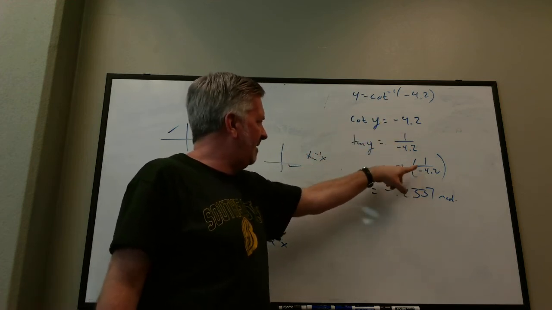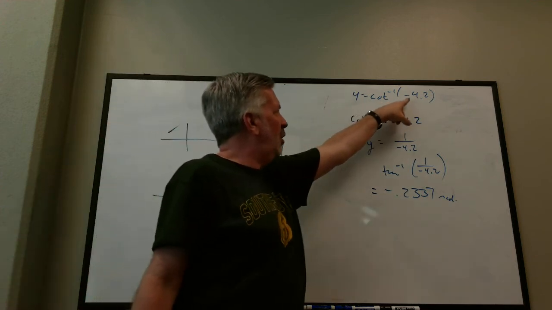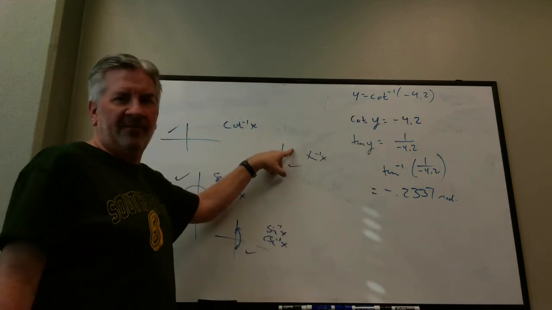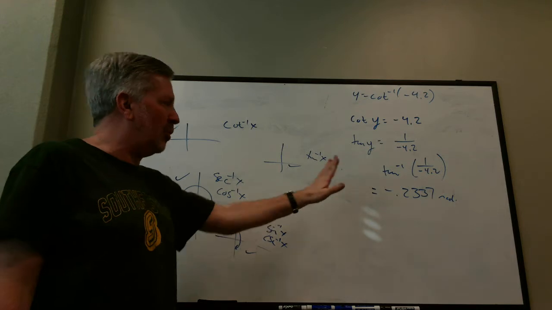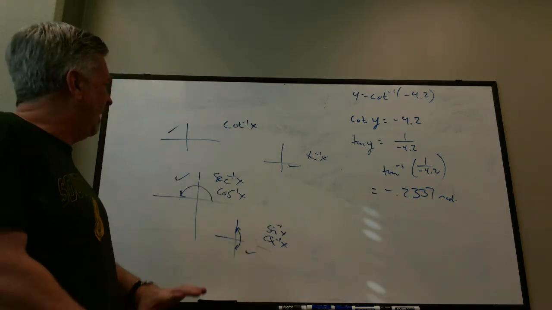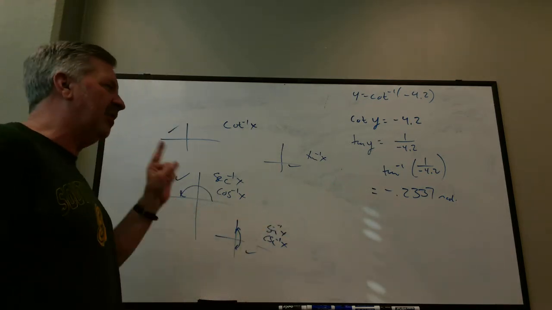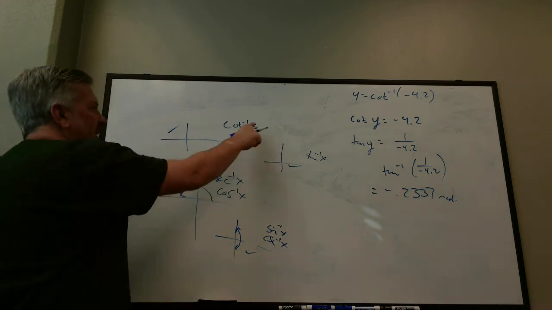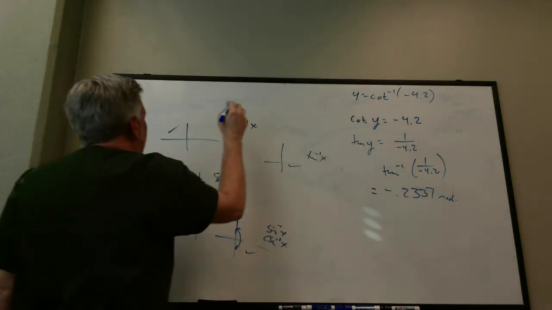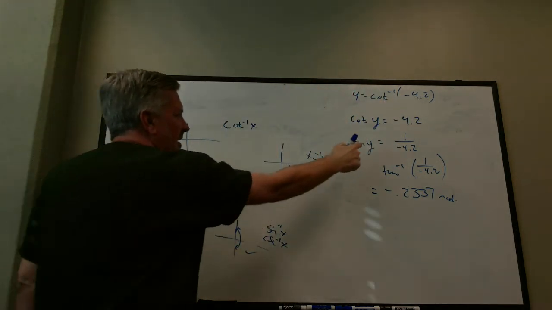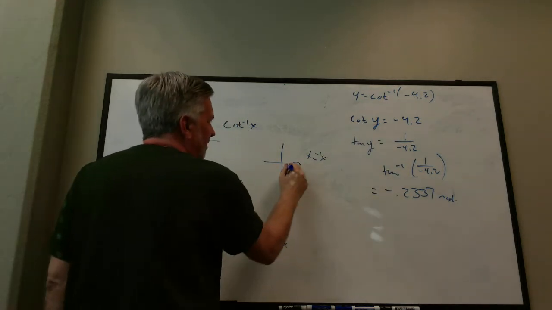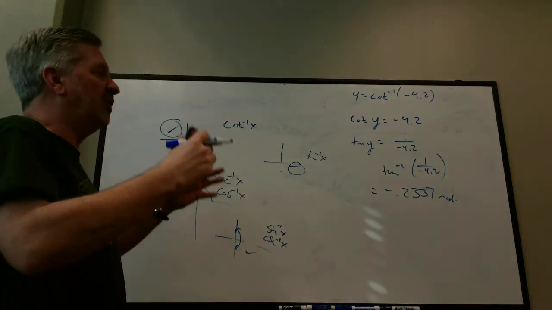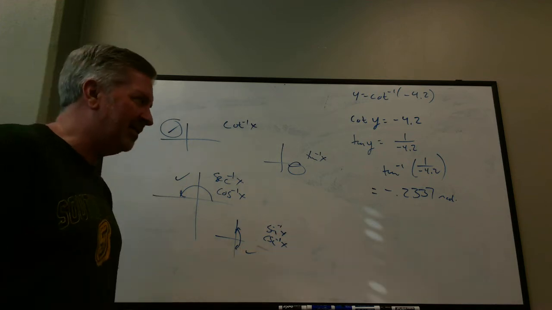Tan inverse of a positive number is in the first. Cotan inverse of a positive number is in the first. So if that had been a positive number, we would have gotten the correct answer. So in all the combinations, the only time we run into this problem is cotan inverse of a negative number. That answer is supposed to be in the second, but when you do it this way, tan inverse of the negative is in the fourth. All right, so that's a long explanation to explain why this is a problem.